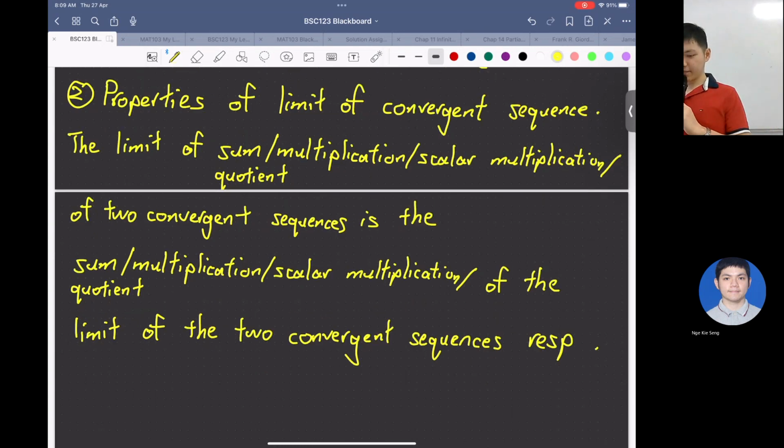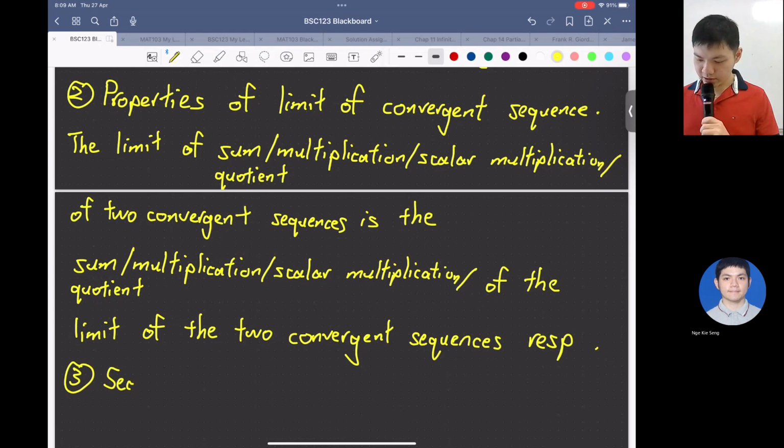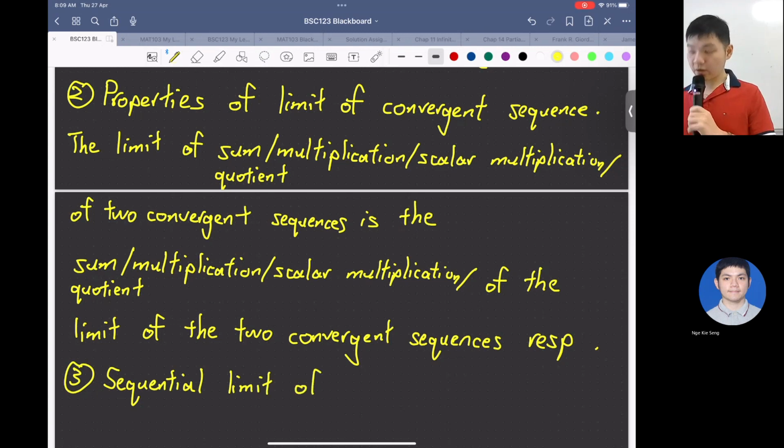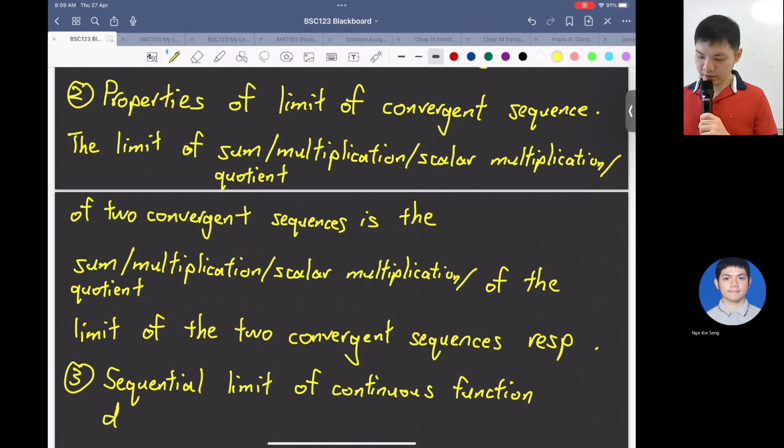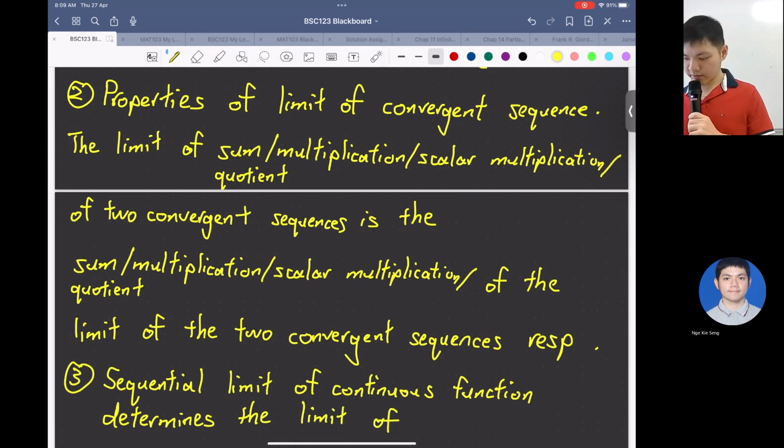What else do we need? Okay, third one. Sequential limit of continuous function determines the limit of the sequence.